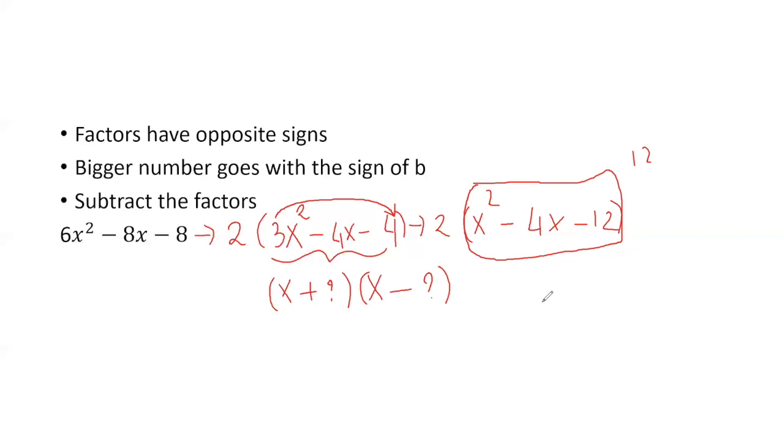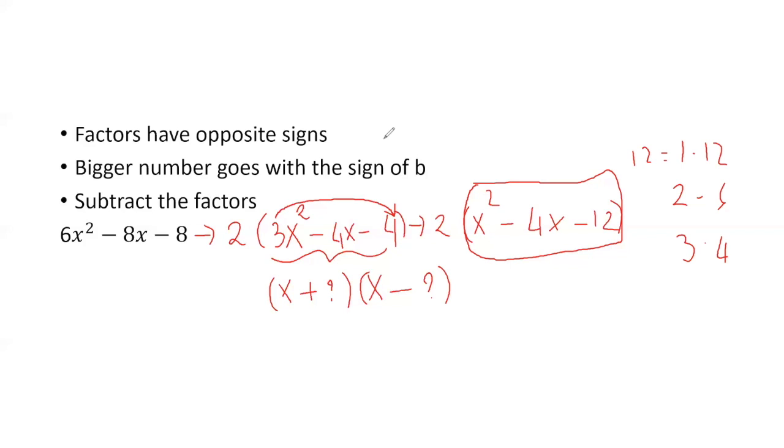12 equals 1 times 12, 2 times 6, 3 times 4, and then 4 times 3, 6 times 2, 12 times 1. We're just repeating those factors, so we don't need to. Next, I will subtract the factors. In the other video, when we have positive c, we add the factors.